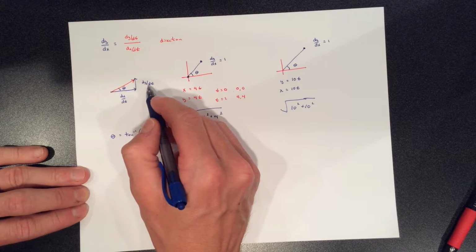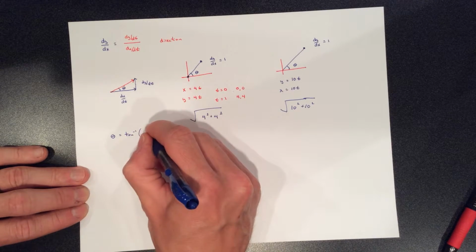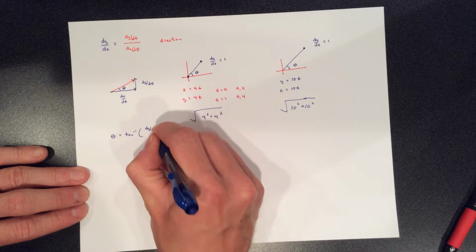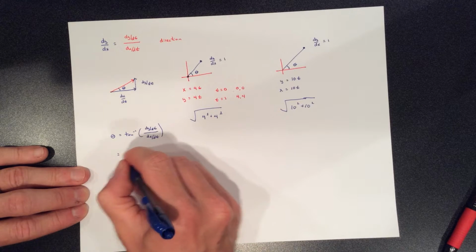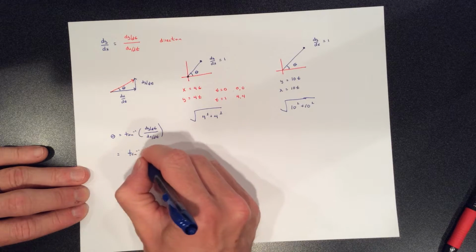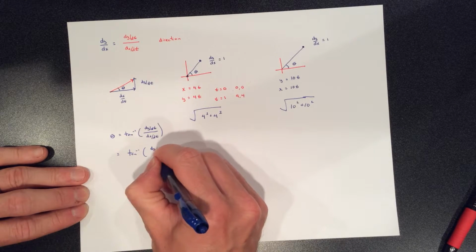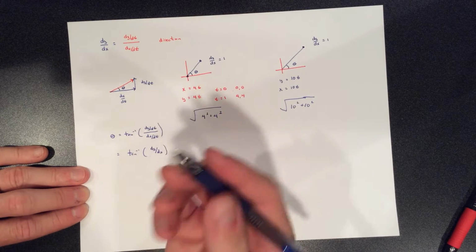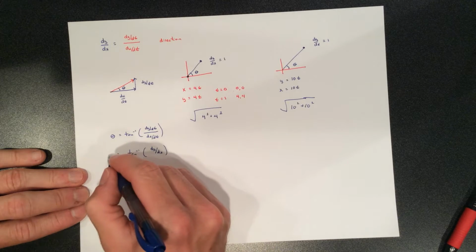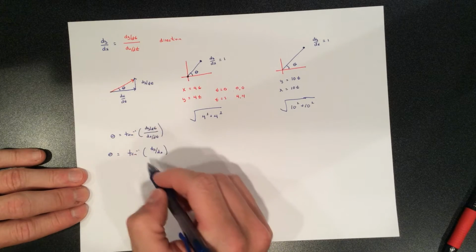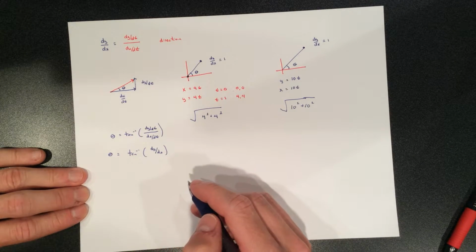The opposite over the adjacent is dy/dt over dx/dt, which we typically already calculated somewhere in the problem. That ratio is the same thing as the slope, so theta is the inverse tangent of the slope. Regardless of which one you use, they're the same: dy/dx is equal to dy/dt over dx/dt. So you can find the angle using either of these ideas.